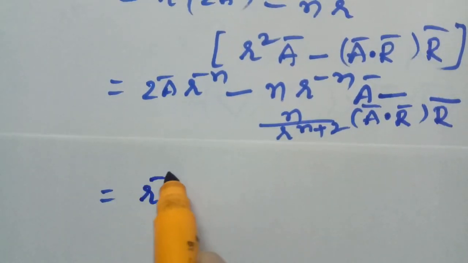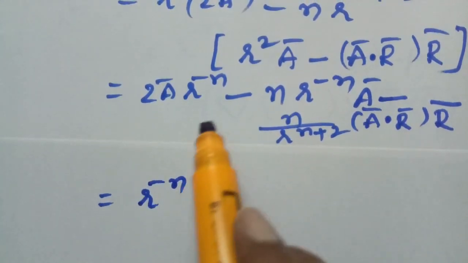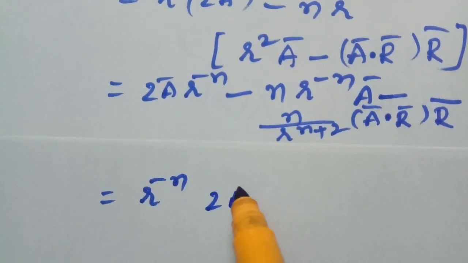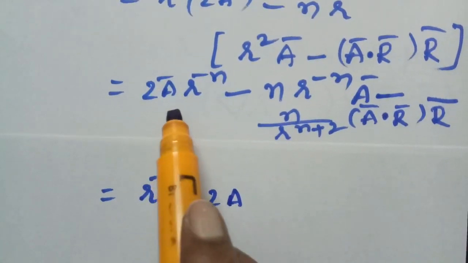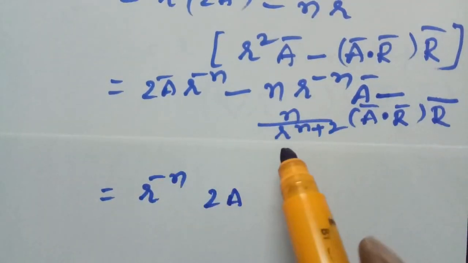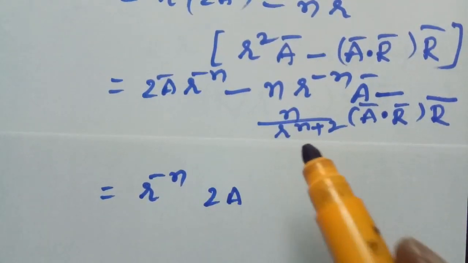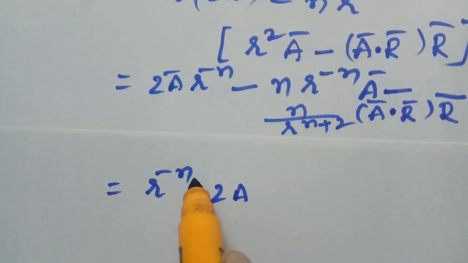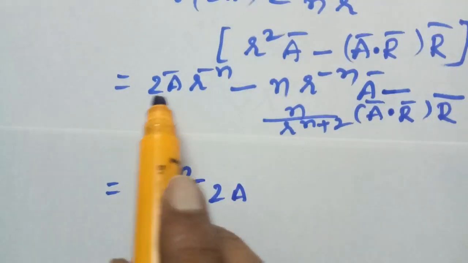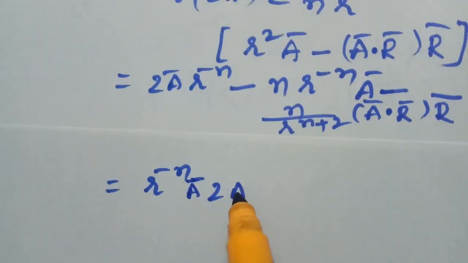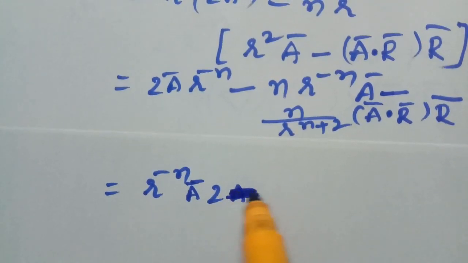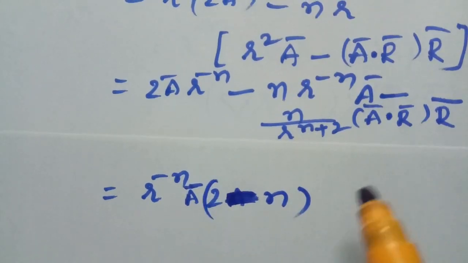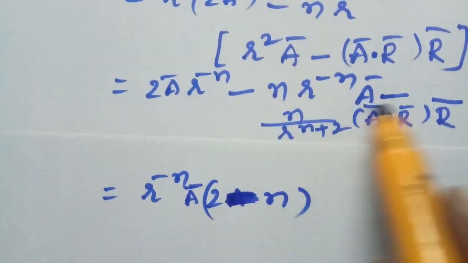Therefore, r power minus n into 2a bar, minus n a bar, then we get 2 minus n.